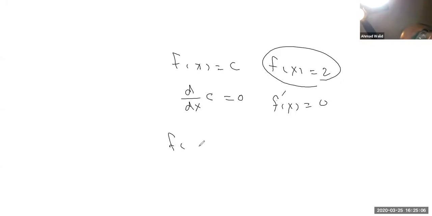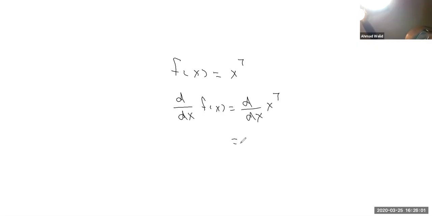The second rule that I explained was the power function. If you have f of x equals x to the power of n, how do you find d dx, or the first derivative, of this function? D over dx of x to the power of n is: always bring your exponent down as a coefficient, write your x or any variable that you have, x, y, z, whatever the variable is in the function, and subtract 1 from the exponent. That's the first derivative of f of x equals x to the power of n.